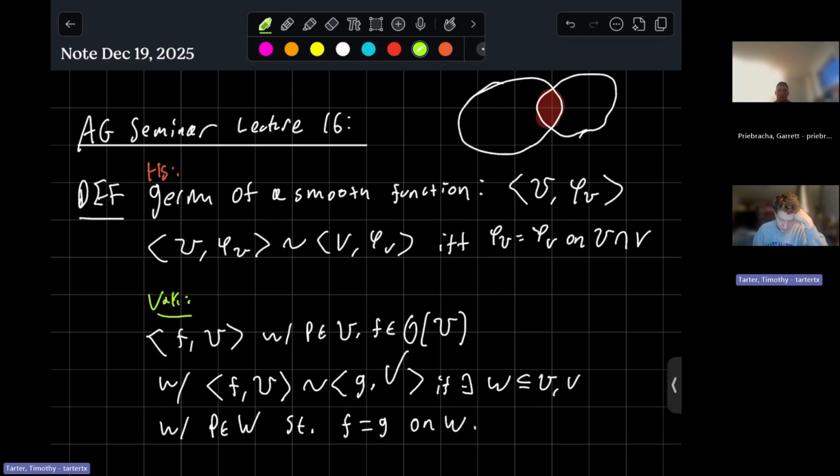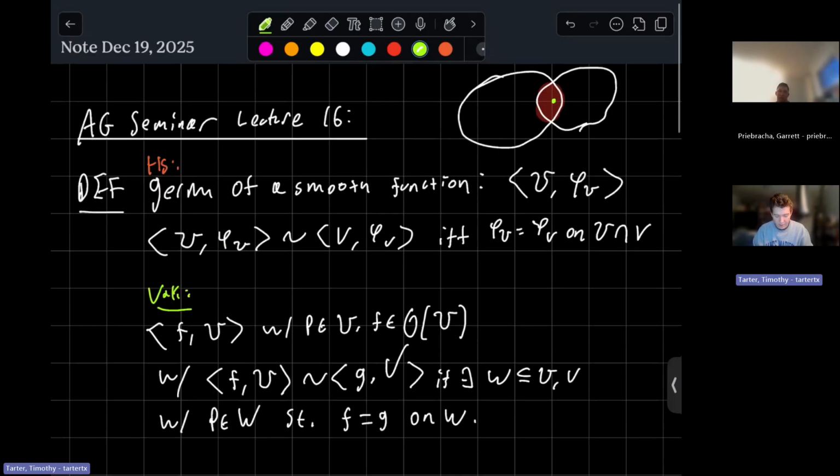And so really the condition is that if you have P in both U and V, then P also has to be in U intersect V, and so then this is just the same open set that Hartshorne defines, right?